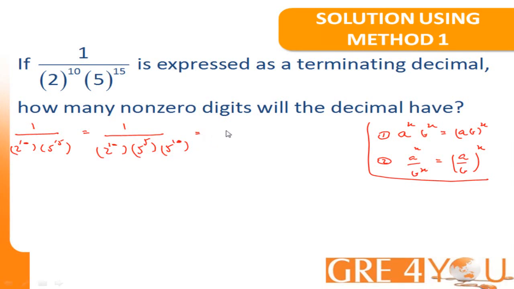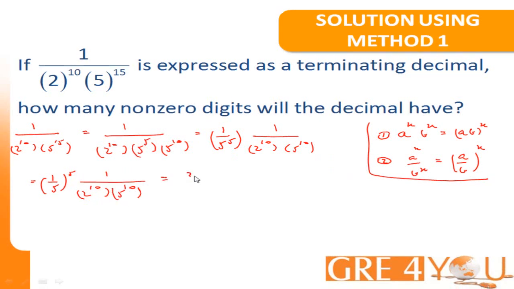Now I'm going to bring the 5 to the 5 out in front, so I have 1 over 5 to the 5 times a 1 over 2 to the 10 times a 5 to the 10. Now a 1 over 5 to the 5, I can bring the exponent outside, so that will be equal to 1 over 5 the whole to the power 5. I've basically used exponent rule number 2. And now this times 1 over 2 to the 10 times 5 to the 10.